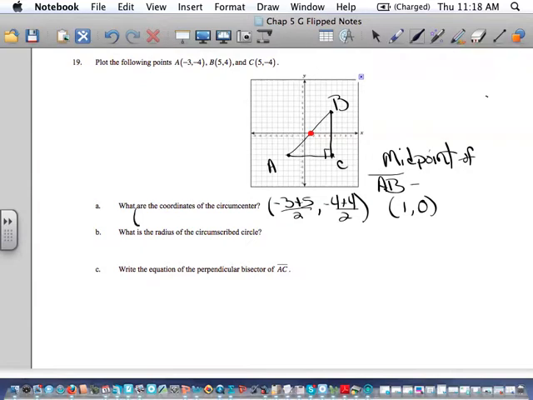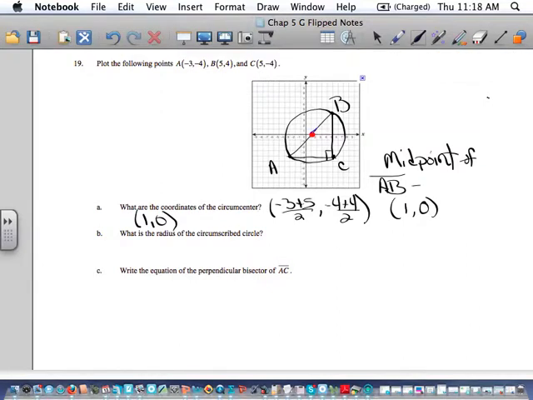So the answer to this question is 1, 0. And it asks for the radius of the circumscribed circle. Remember, the circumcenter is the center of the circumscribed circle. So therefore, the radius is from the circumcenter to any one of the vertices. You can use whichever one you choose.